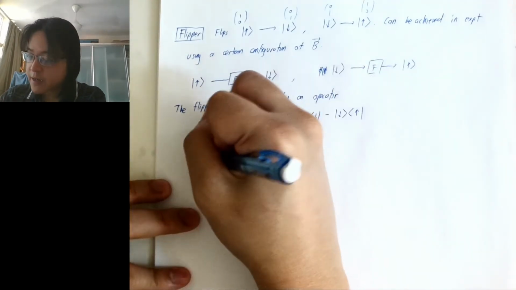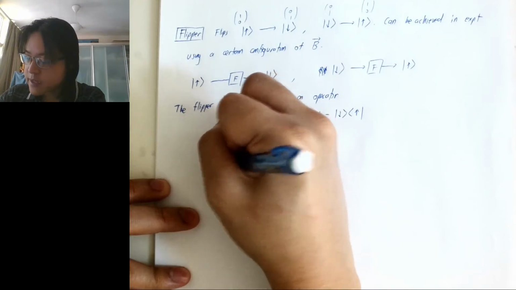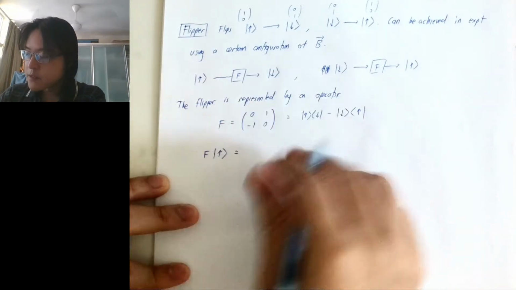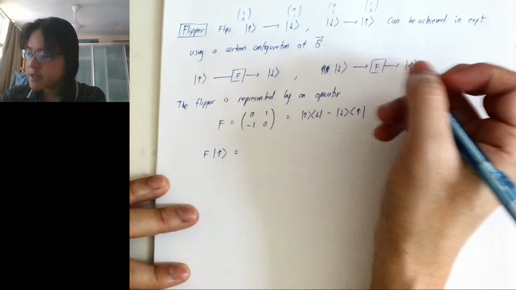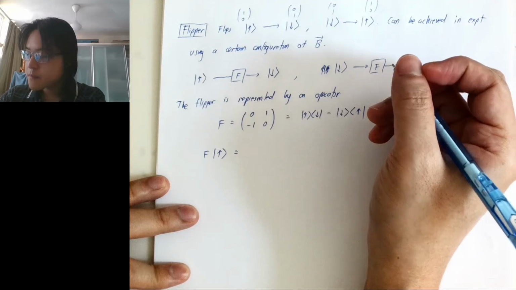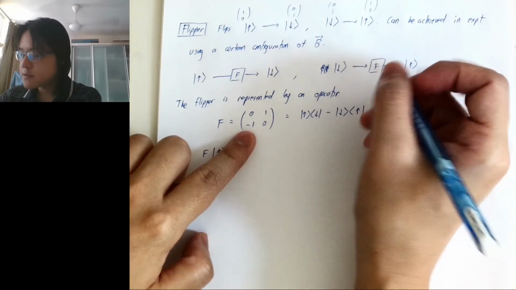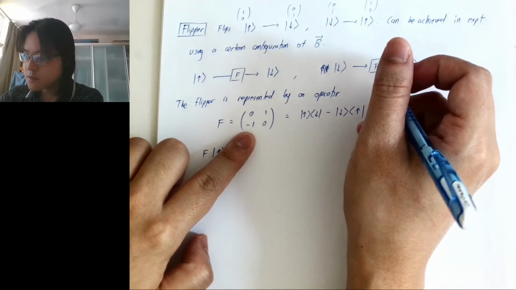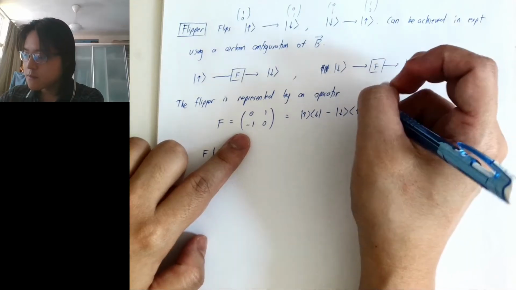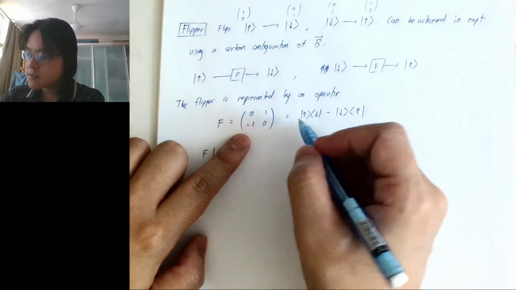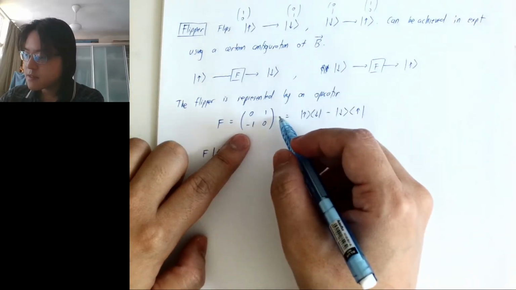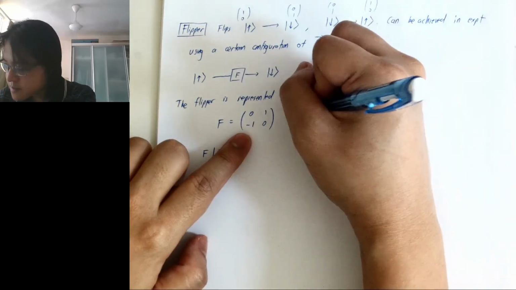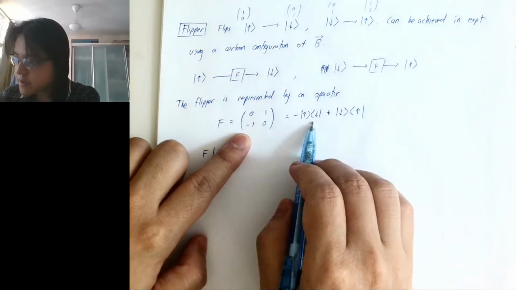So if I act the flipper on the up state, I can use the bra-ket form or the ket bra form. Hang on, down up. Wait, this is, oh, correct, right? Yeah, this is down up.